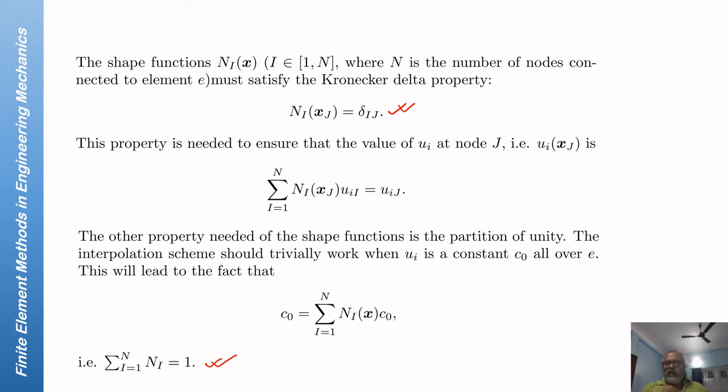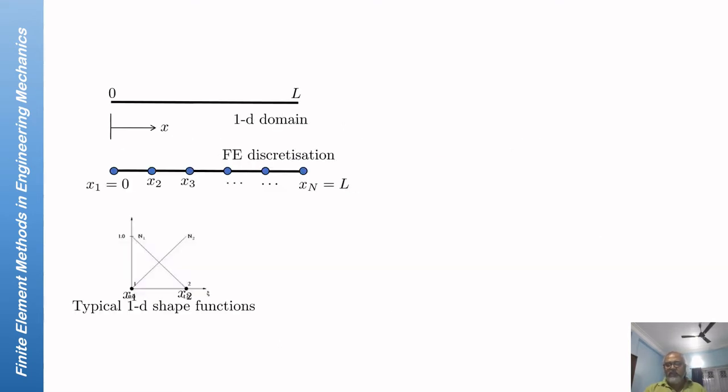Now, given these things, what do shape functions look like? What kind of functions are they? If you take a 1D domain, for example, and you have meshed it into a number of nodes, and these are your elements. Each element has 2 nodes, and therefore there are two shape functions per element. Let's take this element as a representative element.